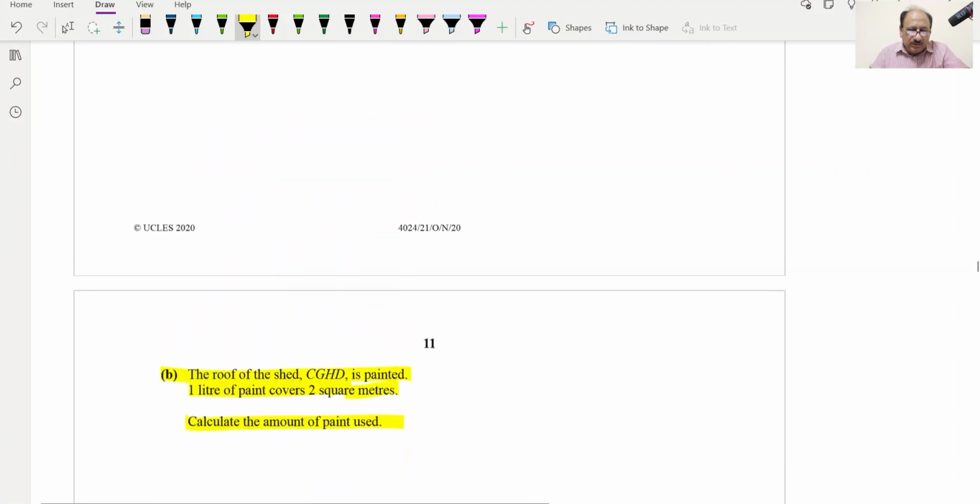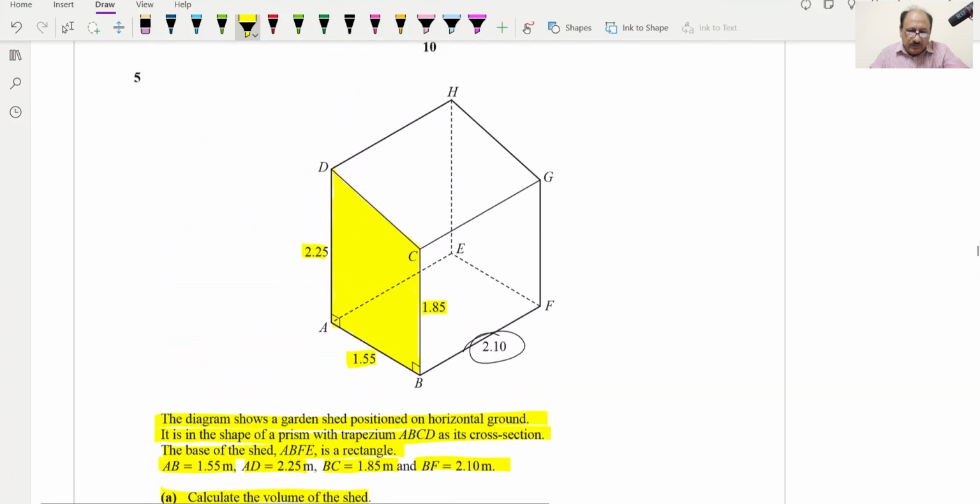So if we check the top shape, it is slanted, so we need to check for this one. We require CD, so we will join this and make this triangle and find CD.